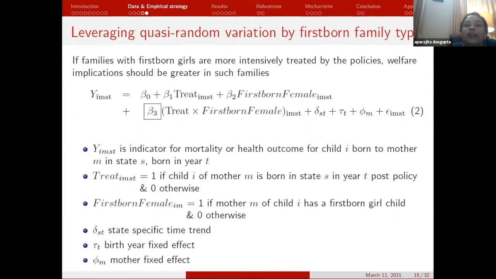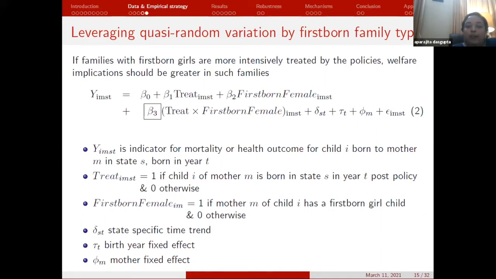Now, the second hypothesis that we test uses the quasi-random variation by the firstborn family. The idea is that if parents are not selecting the sex of the firstborn child, this is as good as random. And so if the ban is imposing a higher constraint for firstborn girl families, there should be a difference by this margin. And so this is what we test.